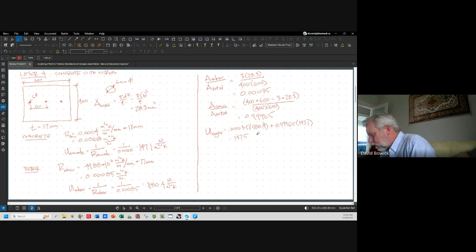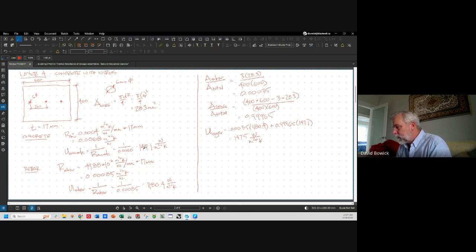This is the U value of our layer, watts per meter squared degree Kelvin. So we went from 147.1 to 147.5 as a result of these 3 bars going through. It's peanuts. We'll get to know when it's worth doing the calculation and when it's not. Here, it was not worth doing the calculation.